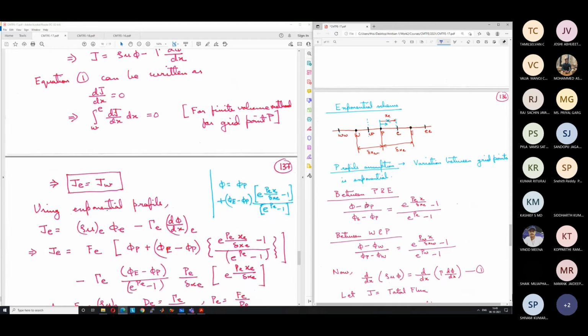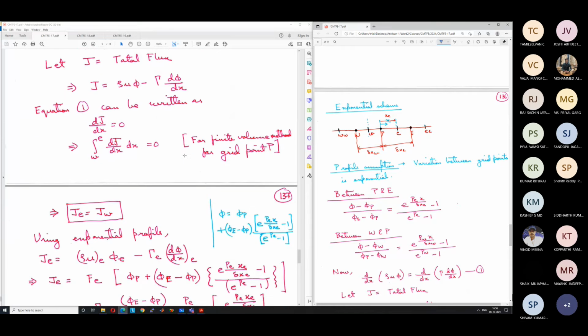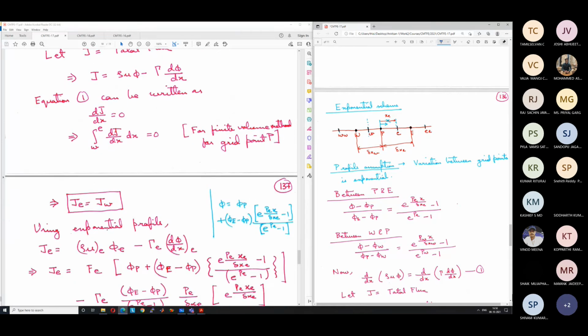Now, what is j at east? So j is the flux, right? So j at east will be rho u at east, phi at east, rho u phi at east minus gamma at east, d phi dx at east. Okay. This term. Rho u at east, phi at east minus gamma at east, d phi dx at east. Okay. Now we will use this expression to evaluate these values.